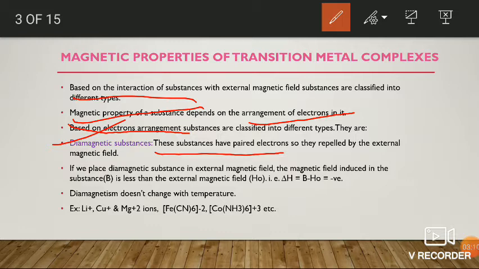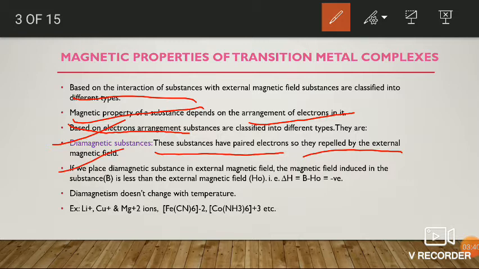If we place these substances in an external magnetic field, they are repelled by the external magnetic field, because these compounds have completely paired electrons.